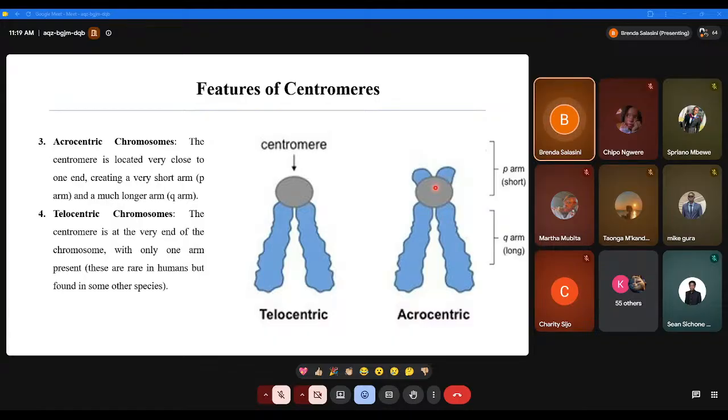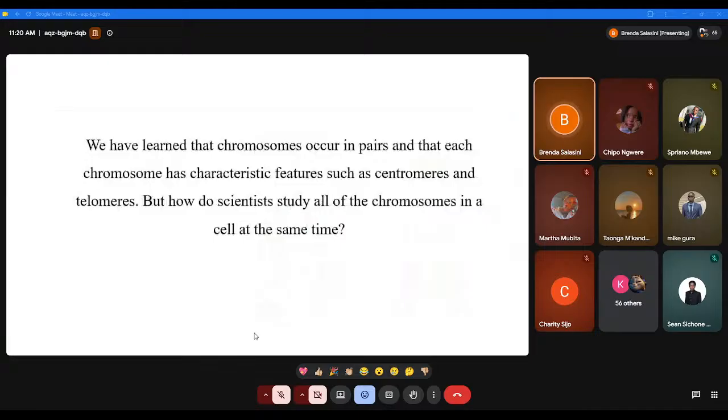So depending on where the centromere is placed, these chromosomes can be referred to as telocentric, metacentric, subcentric, submetacentric, and so on and so forth. And this is important for us to know because it helps scientists who study chromosomes understand even what chromosome they're looking at. We're going to see in the next few slides why knowing this is very important.